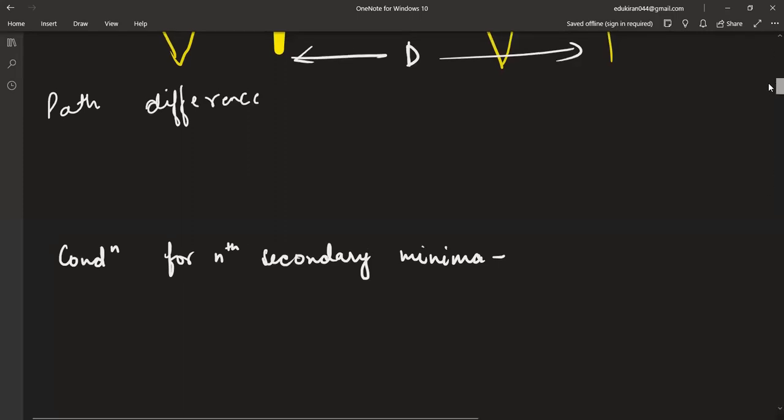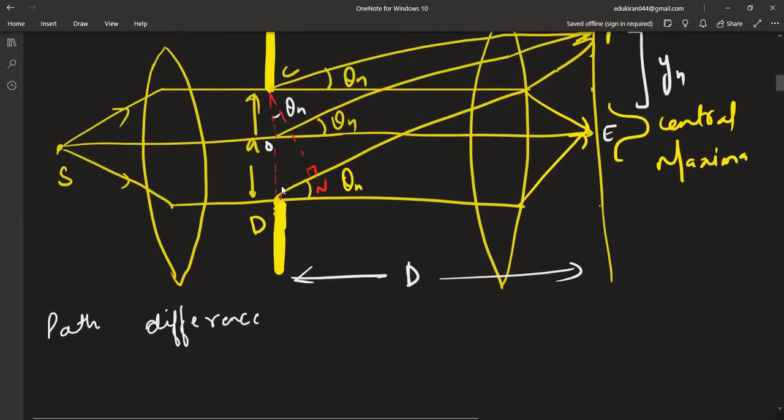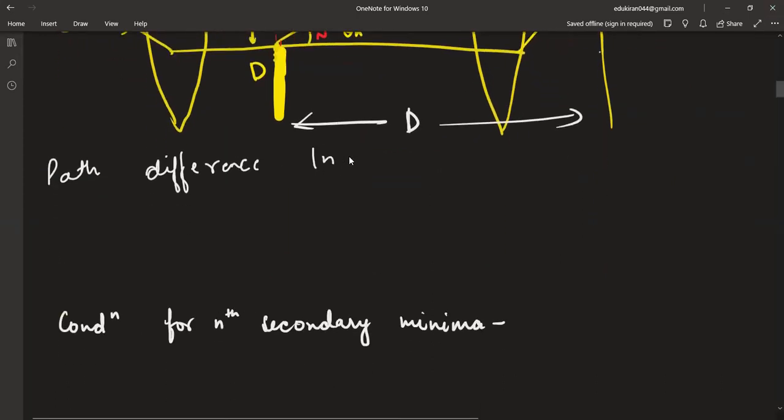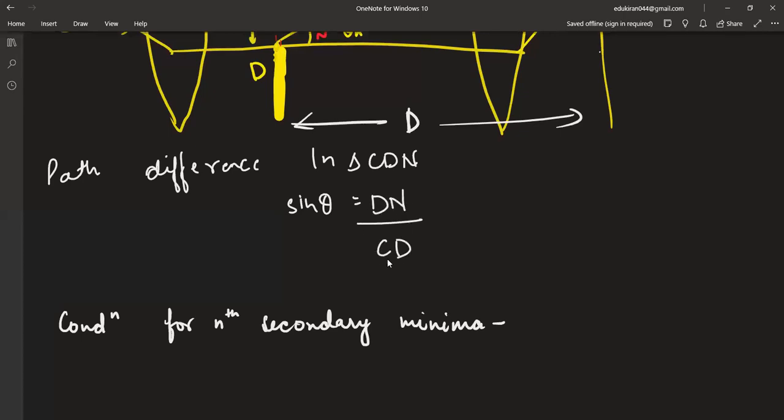Class, if we take this triangle C, D, N, and this angle is theta, which I'm taking. So in triangle CDN, sine theta is equal to DN divided by CD. So DN is equal to a sine theta.